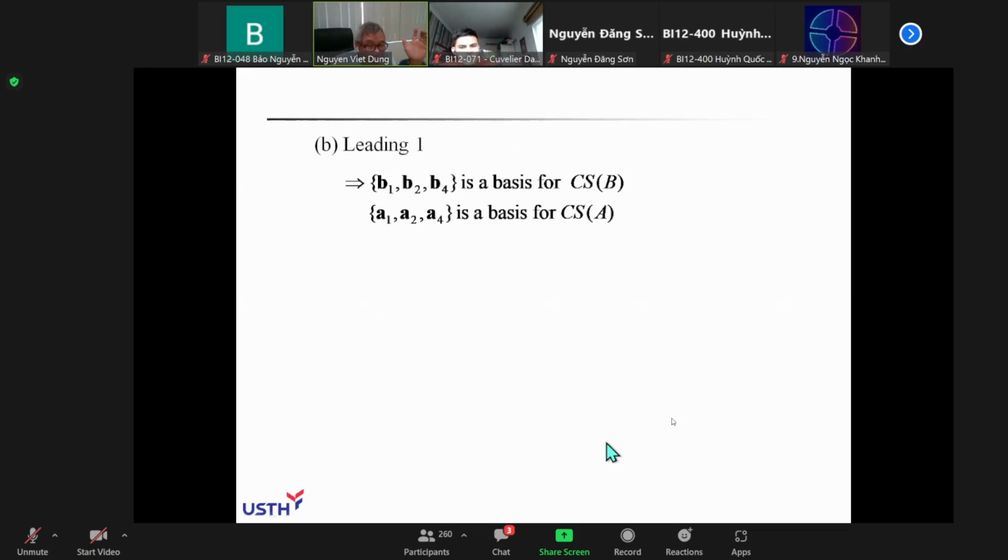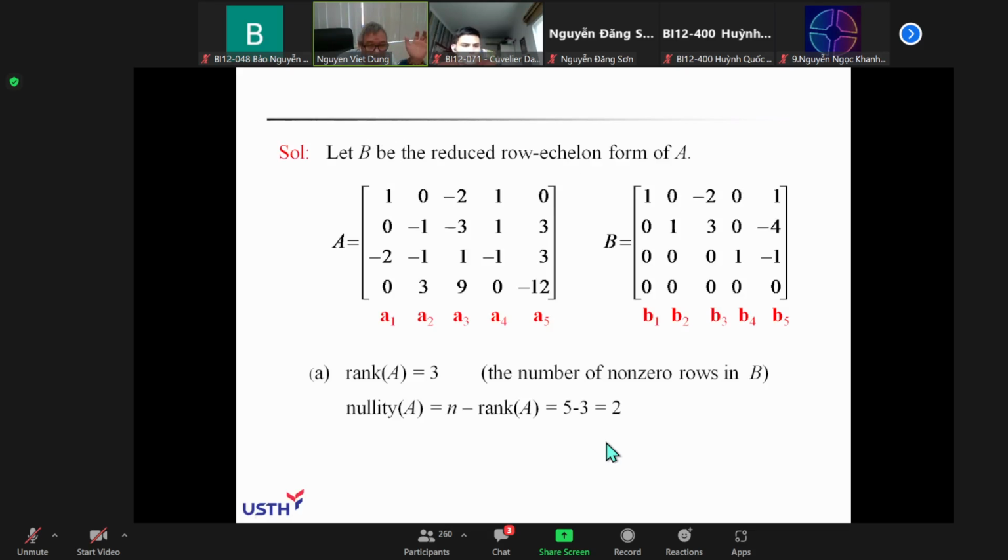The second question, you need to find a basis for the column space of A. And those vectors in the basis must be inside A1, A2, A3, A4, A5.